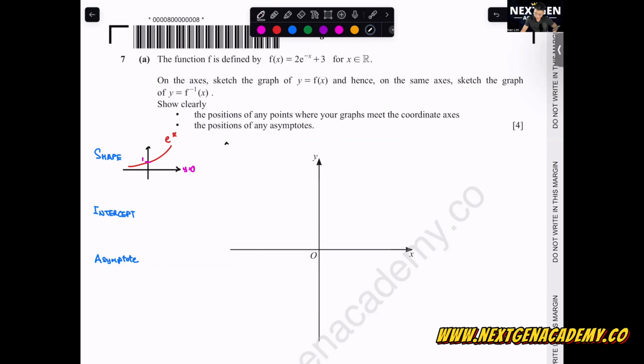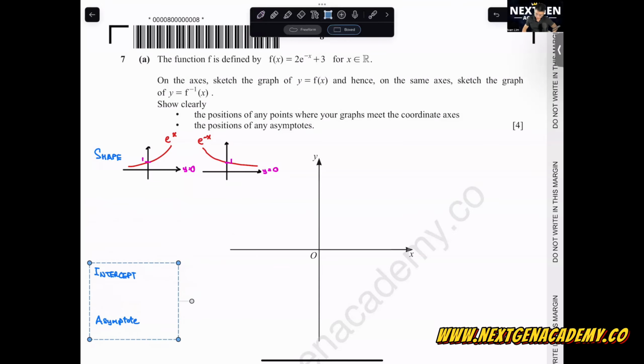Can we say that the graph is reflected on the y-axis like this? We need to know the shape, because all negative x will become positive x, and all positive x will become negative x. The intercept and asymptote are still the same: still 1, and y equals 0.